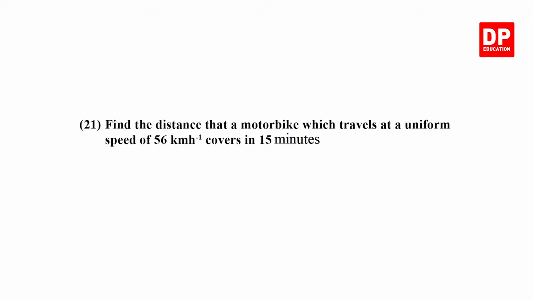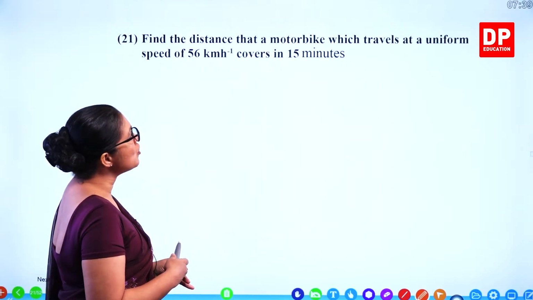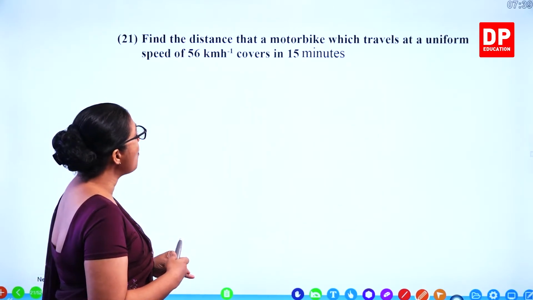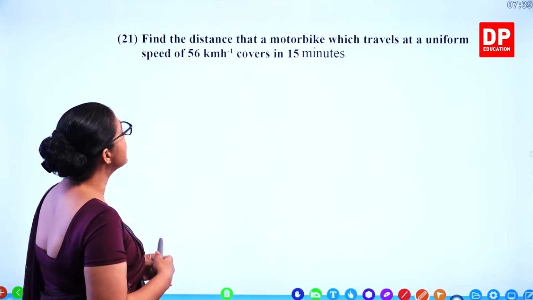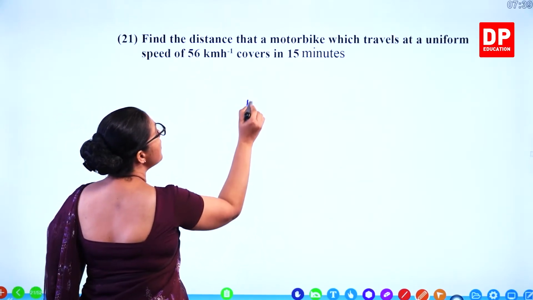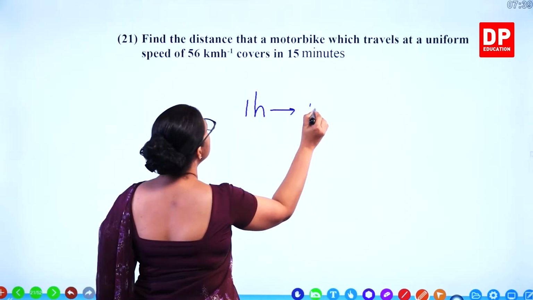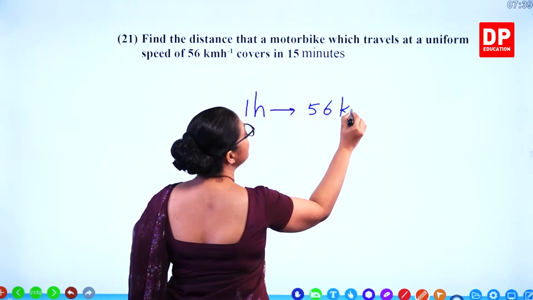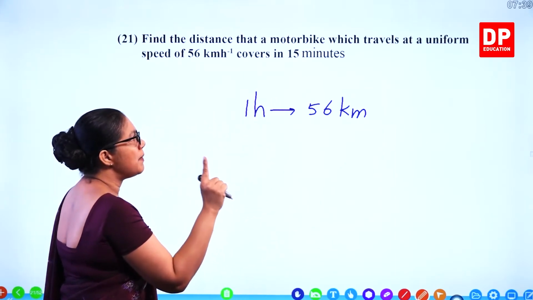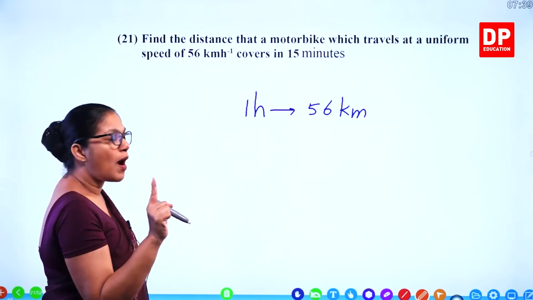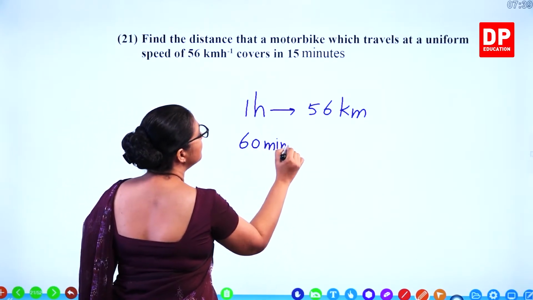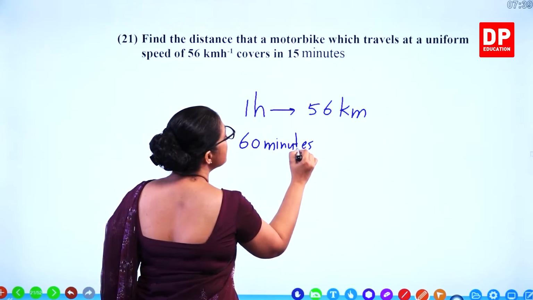Question number 21. Find the distance that a motorbike which travels at a uniform speed of 56 kilometers per hour covers in 15 minutes. So in 1 hour it travels 56 kilometers. Then they are asking about 15 minutes. How many minutes in 1 hour? That's 60 minutes. So 56 kilometers in 60 minutes.